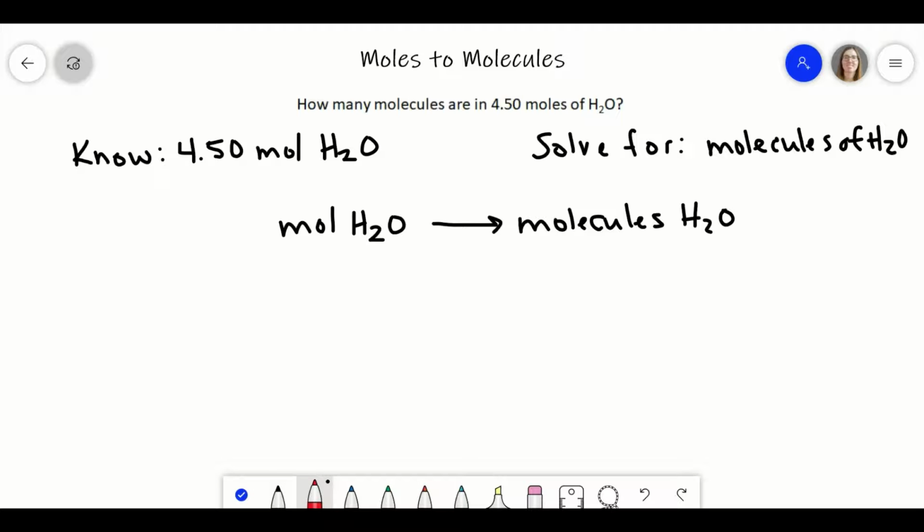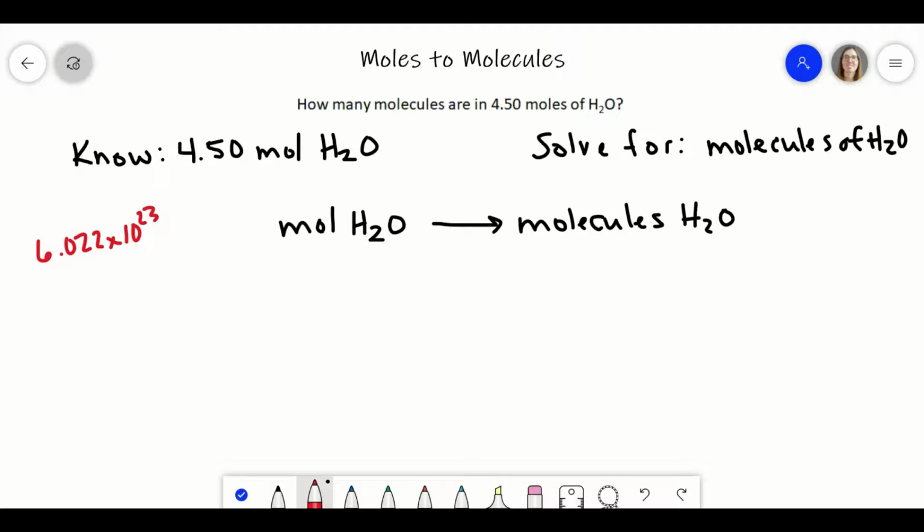To do this type of conversion, we're going to use a special number called Avogadro's number. And that number is 6.022 times 10 to the 23rd. The way we use it as a conversion factor is we can say that there are 6.022 times 10 to the 23rd water molecules in 1 mole of water.